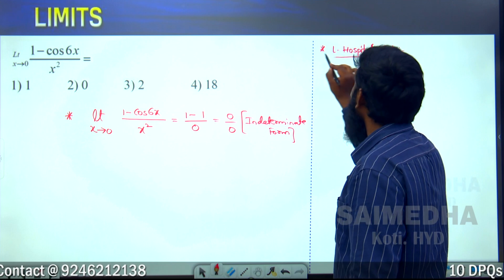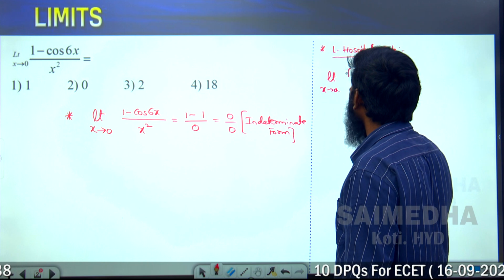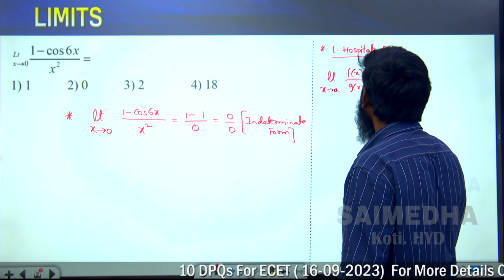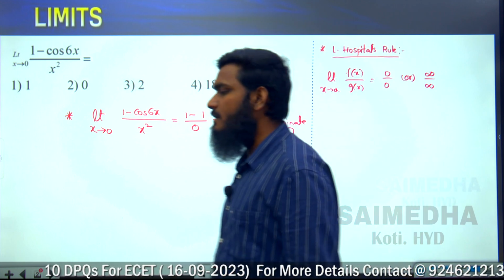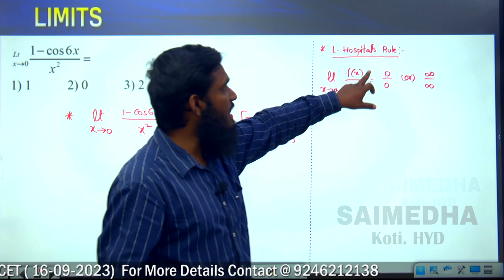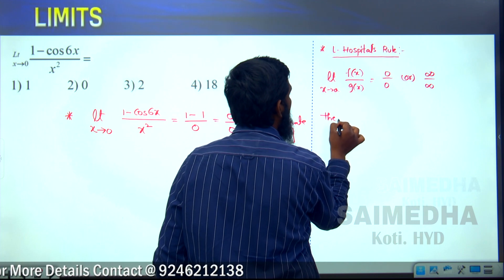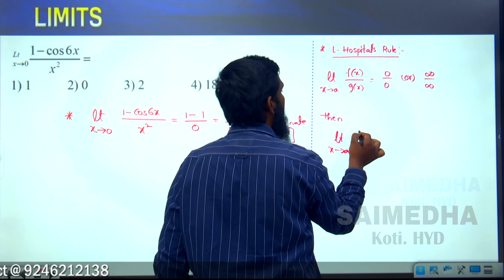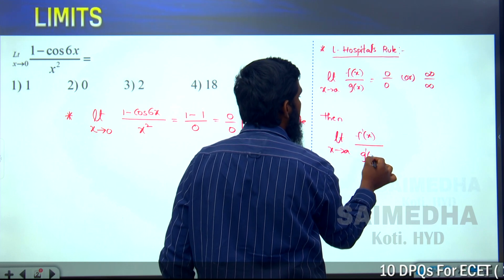Listen carefully. When we take limit x tends to a, and the function is f of x divided by g of x, and after substituting the x value we get the answer as 0 by 0 or infinity by infinity, then according to L'Hospital's rule, we differentiate: limit x tends to a, f of x becomes f dash of x, divided by g of x becomes g dash of x.